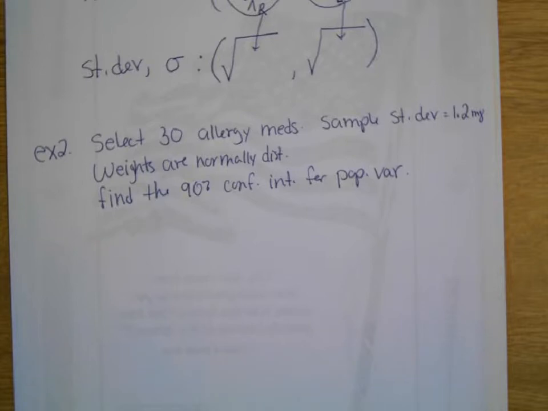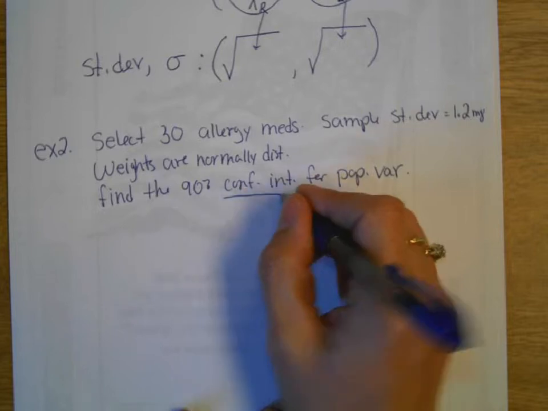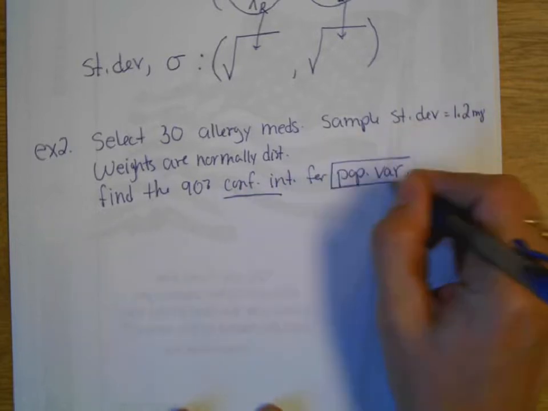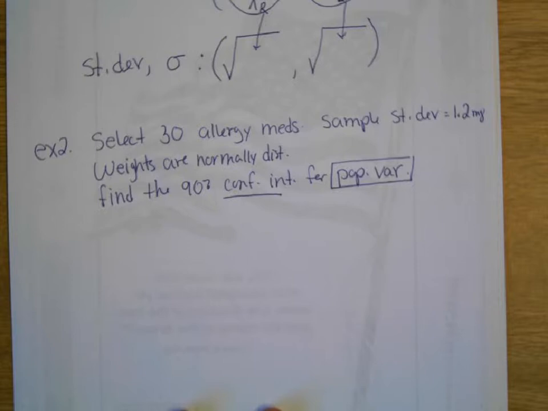Okay, so again, when the test comes up on Tuesday, you want to know what are you finding the confidence interval for. Is it a mean? Is it a proportion? Or is it a variance or standard deviation? We are finding the confidence interval for variance. That tells you to come to this section on your note card.